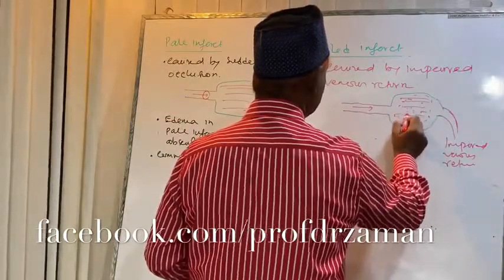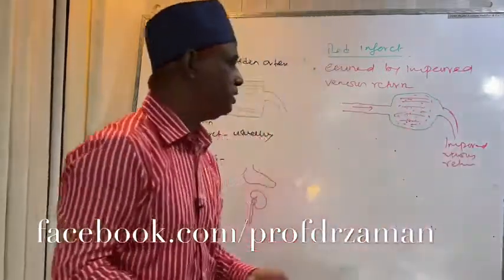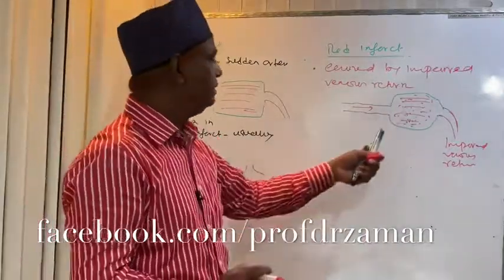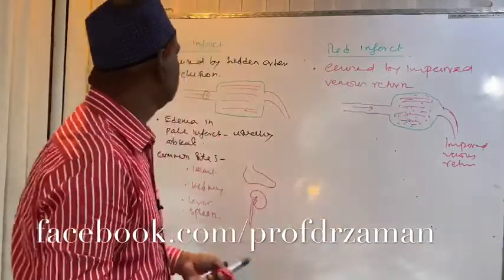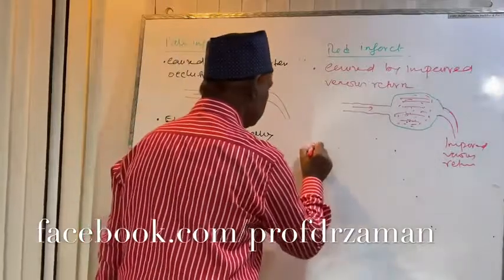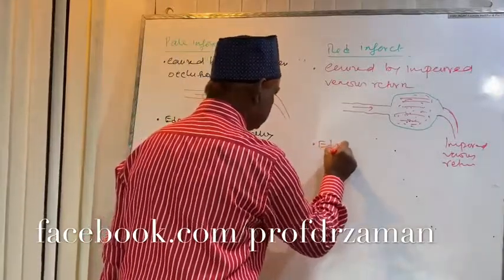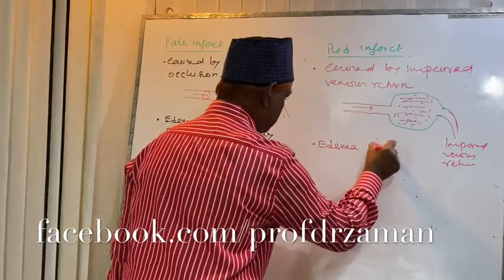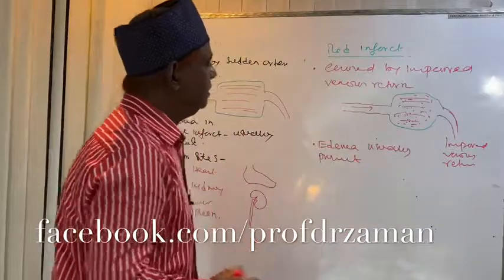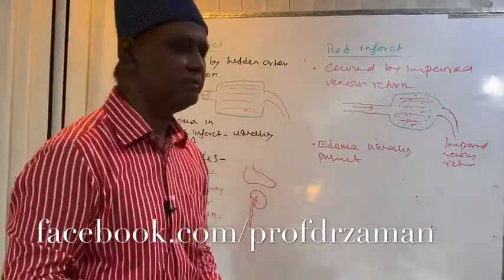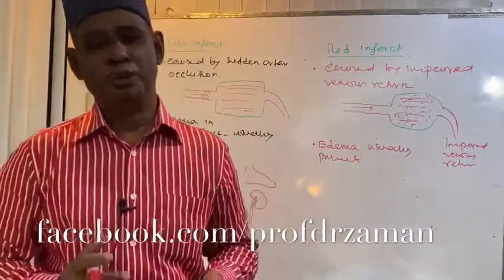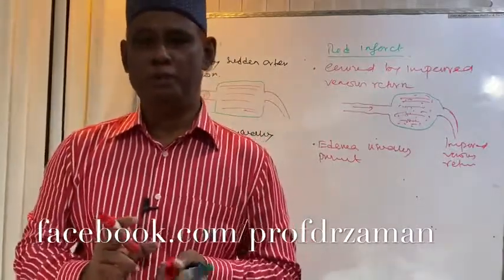If the artery is patent, no occlusion, but there is impairment of venous return, the deoxygenated blood accumulates here, and due to accumulation of deoxygenated blood in the tissue following impaired venous return, the tissue undergoes necrosis, and this tissue is red in color.